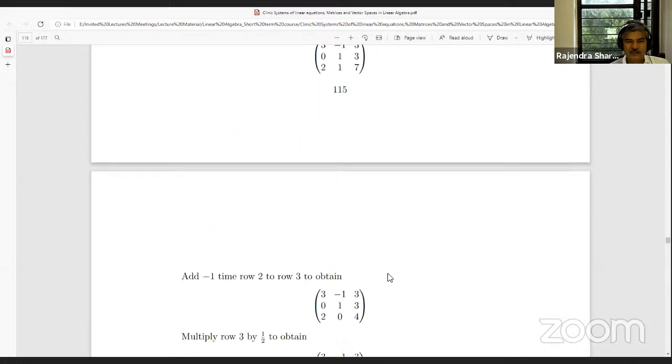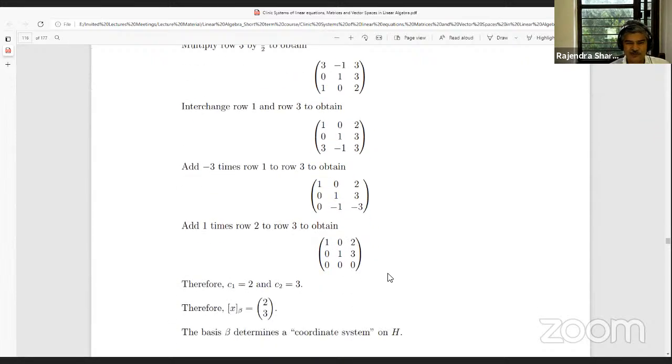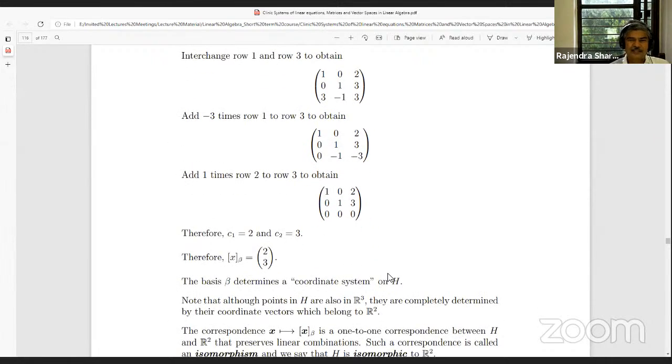And if you just obtain the row reduced equivalent form of this matrix, then this is 1 0 2, 0 1 3, 0 0. So you can see clearly that C1 is 2 and C2 is 3, the coefficients, and therefore the coordinates here are 2, 3.